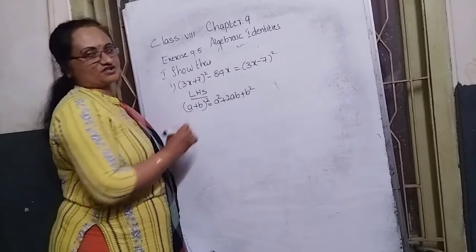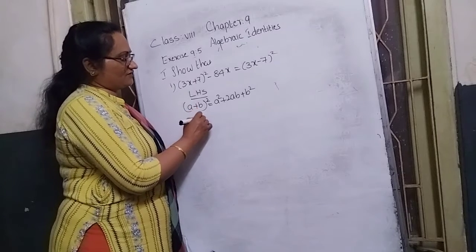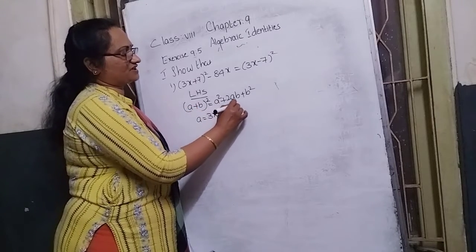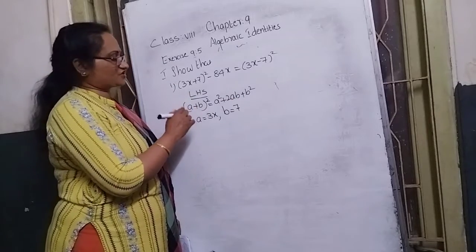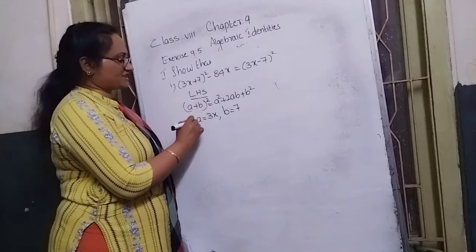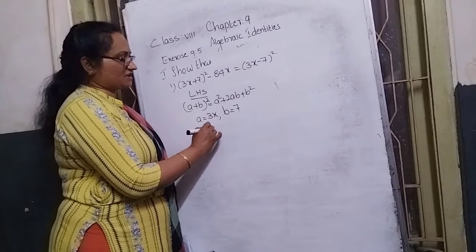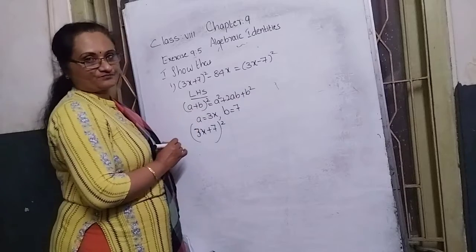From the first bracket, a value is 3x, b value is 7. So in this expression, where a place 3x, b place 7.